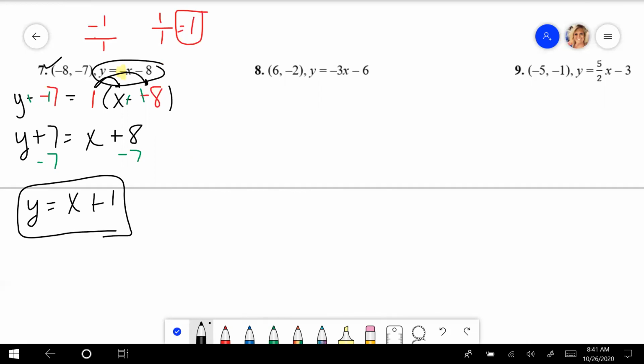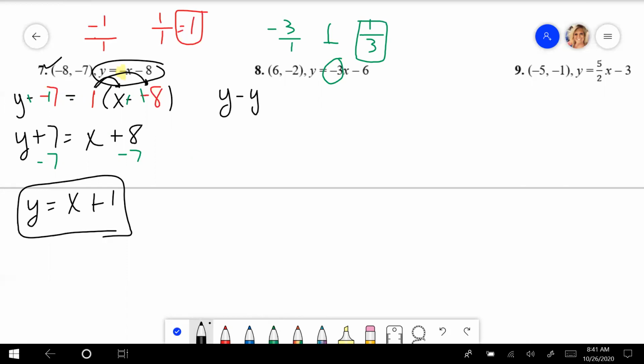All right, 2 more. Here we go. Number 8. The slope, it's already in slope-intercept form. Here's -3, so it's -3/1. To find the perpendicular slope, you flip it over so it becomes 1/3. And instead of negative, it becomes positive. So there's my new slope.